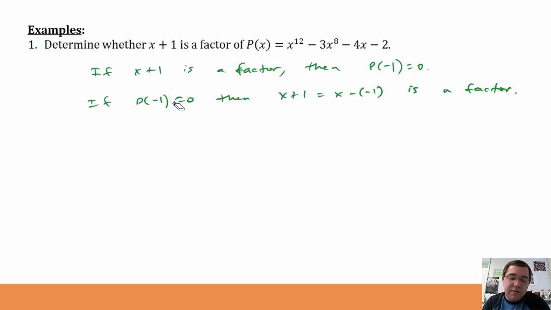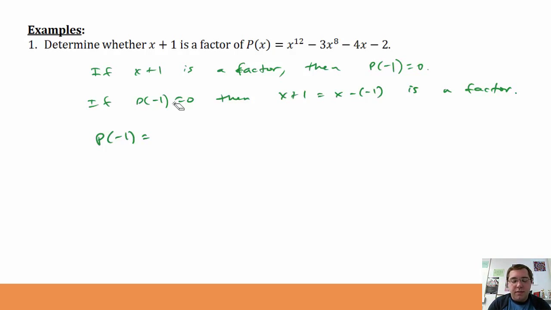So if I want to know if x plus 1 is a factor, all I need to do is take p of negative 1 and see if that is equal to 0. If it is, then x plus 1 is a factor.